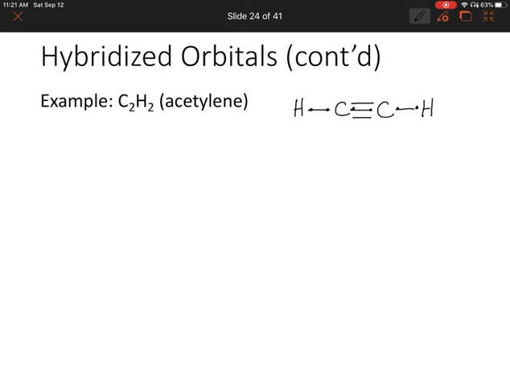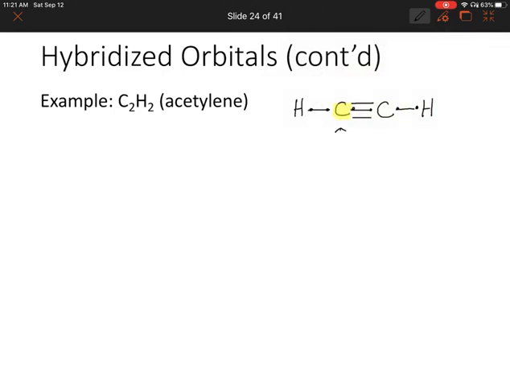Okay. So now how do we explain this using our hybridized orbitals? So let's first identify the hybridization of each carbon using its steric number. So if we focus on just one of these carbons, the carbon on the left, how many bonded atoms are connected to it? 2.